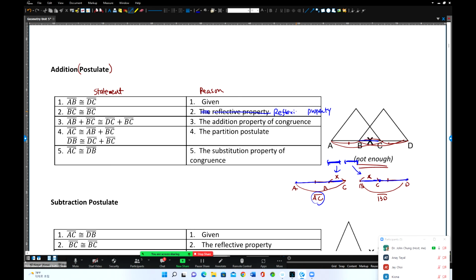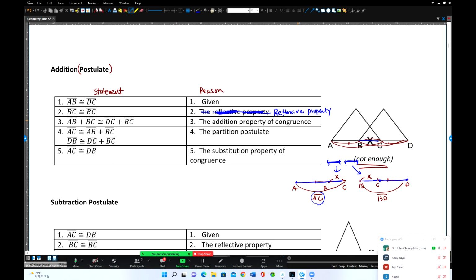Reflexive property, okay, not reflective. I don't know what happened over here. It's okay. Reflexive, that is reflexive property.